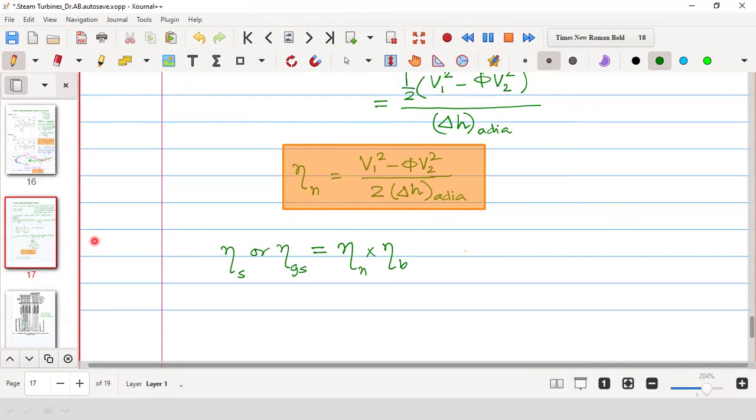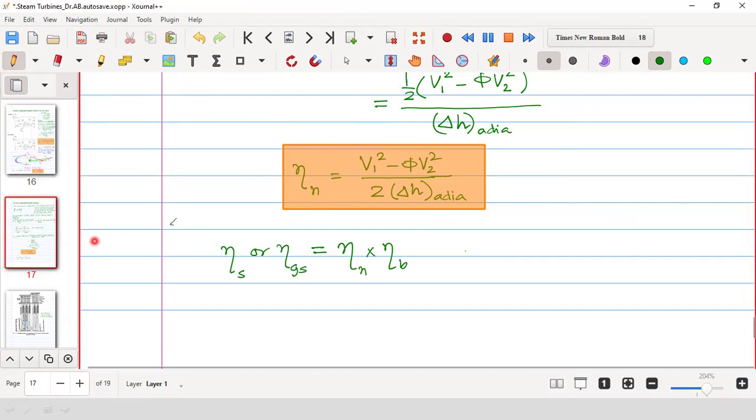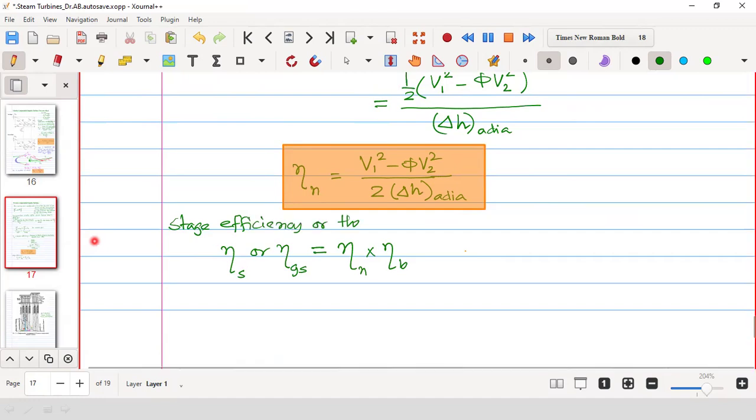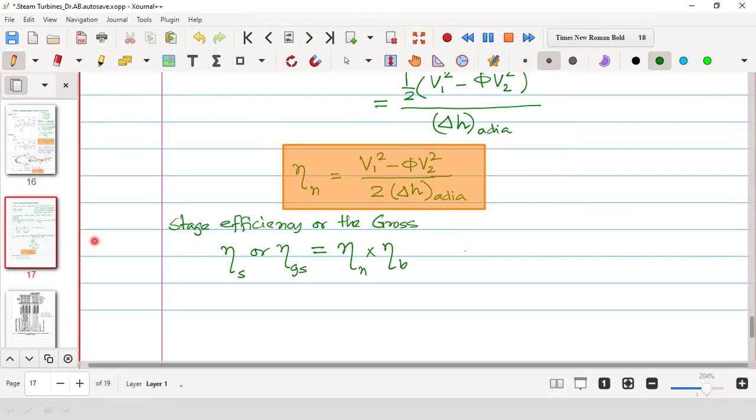So this is called the stage efficiency or the gross stage efficiency.